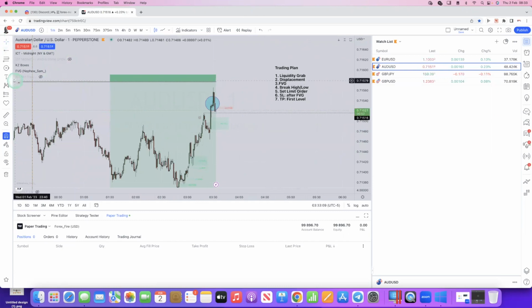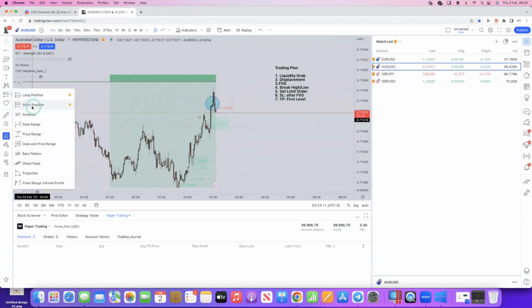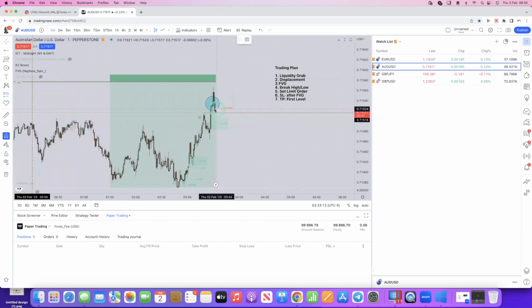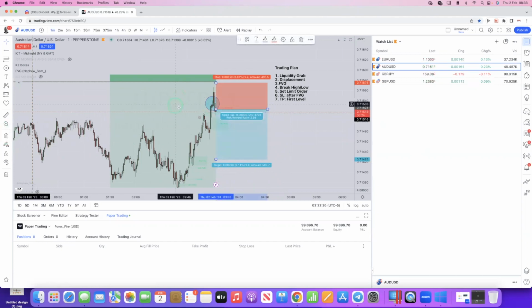Right, so we could say we've got a short here. I will go down to a 1 to 2. I'll get this magnet off. That's what's playing up.